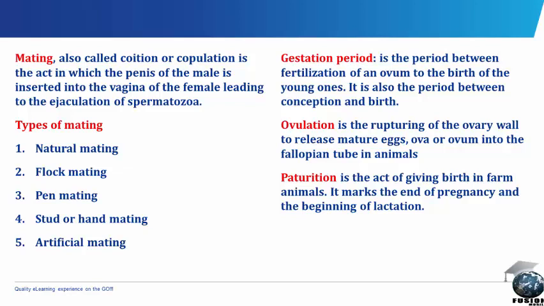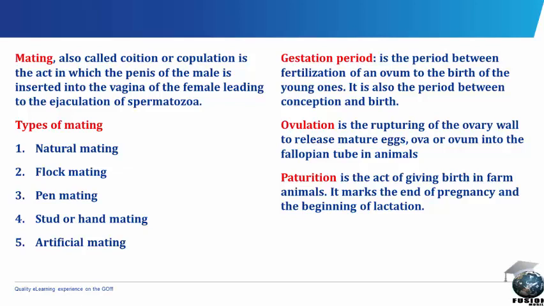The different types of mating include the natural mating, the flock mating, the pen mating, stud or hand mating, and the artificial mating. The natural mating occurs when the male animal, after identifying a female animal that is on heat, then mates the animal.